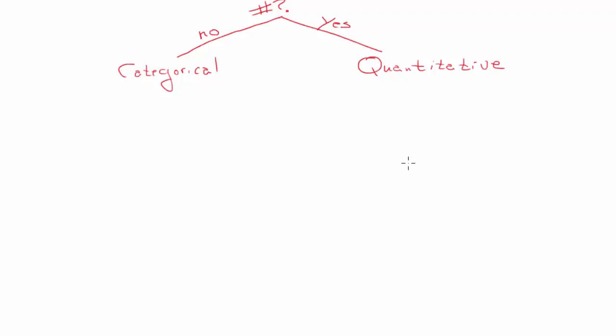Then once we're quantitative, we can break this down further into univariate and bivariate. The question we might ask is, how many numbers?